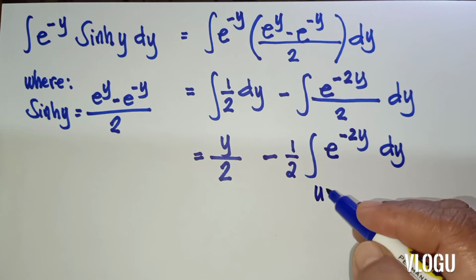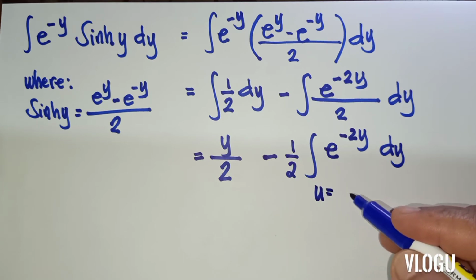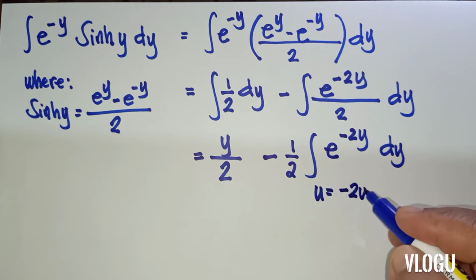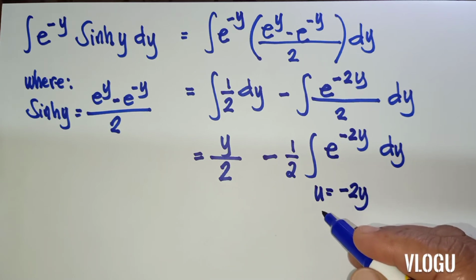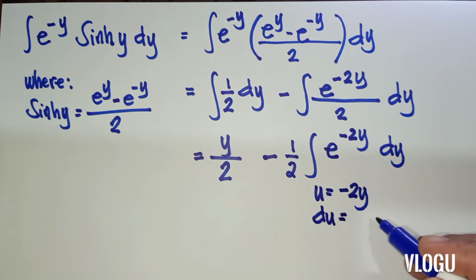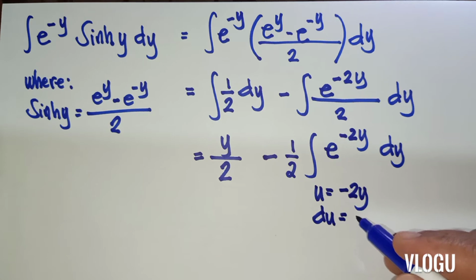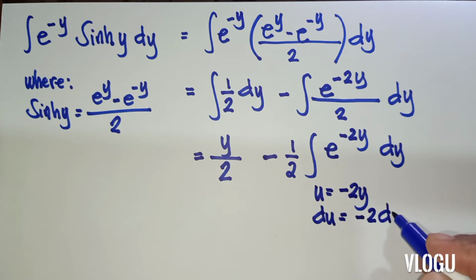So u is equal to negative 2y, so du would be equal to negative 2 dy.